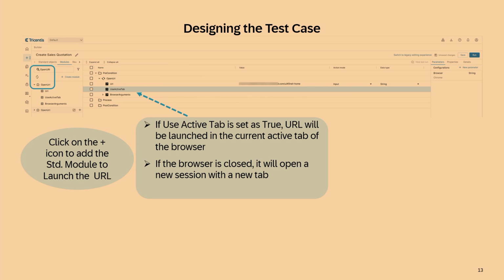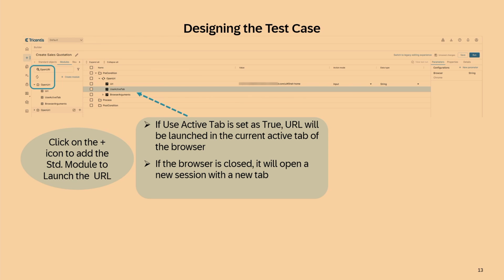On that test step, we can see three options. One is URL, where you will enter the URL you want to launch. And then in use active tab, if you turn this value to true, this will open the URL in the active session or active tab.